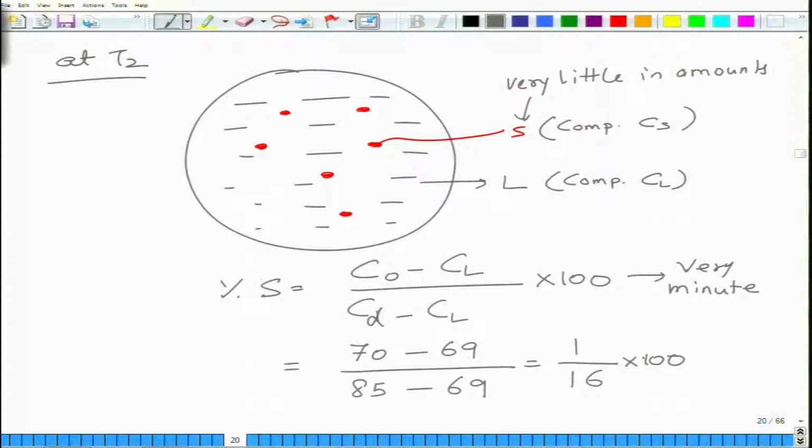So it's a very little amount. It's only 5-6% or so, 6 something percent. And if it's, let's say, 69.5, it's even lower. So it would be 0.5 divided by 16, so you see, it would be 1 divided by 32 basically. Okay, so which is a very small amount of solid.